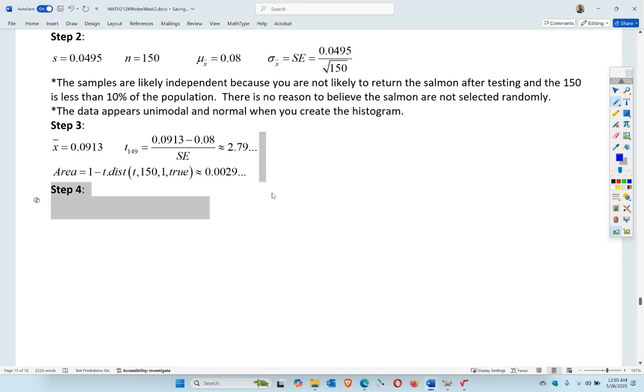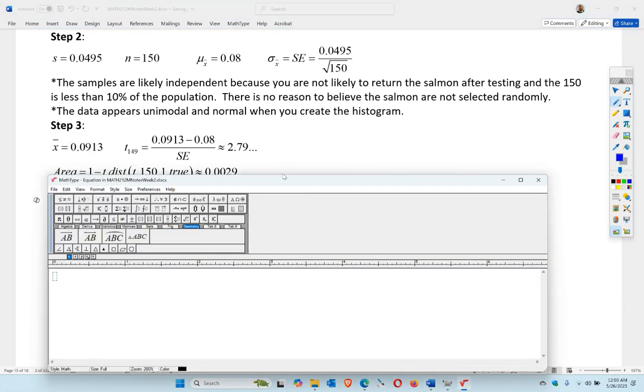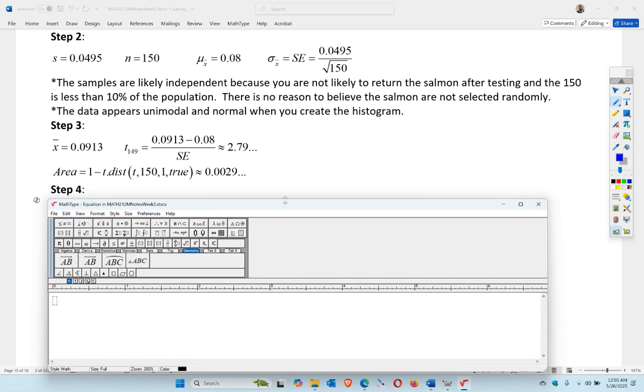So if we do this, the p-value is less than alpha, because alpha in this case is 0.025, so we're going to reject the null hypothesis. So how did I get 0.025? Well, let's take a look here.